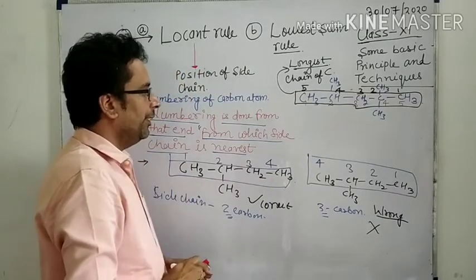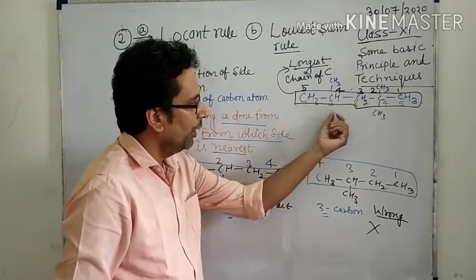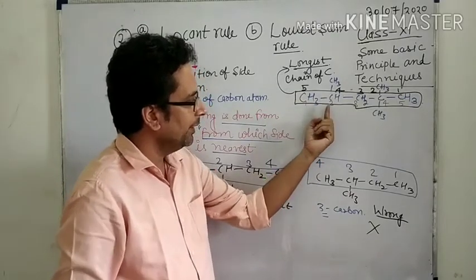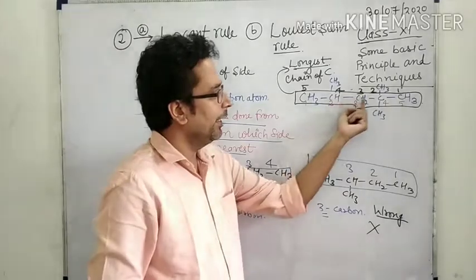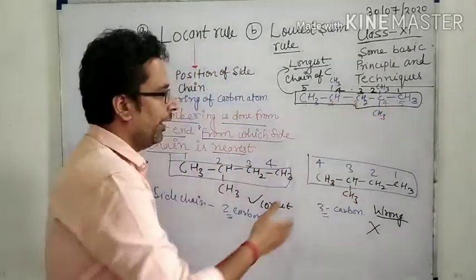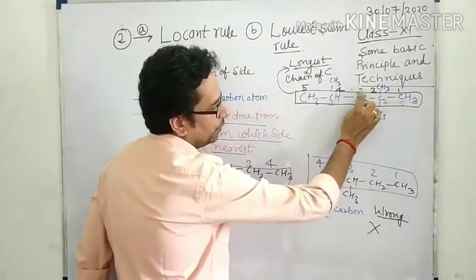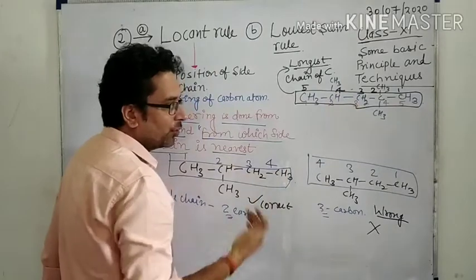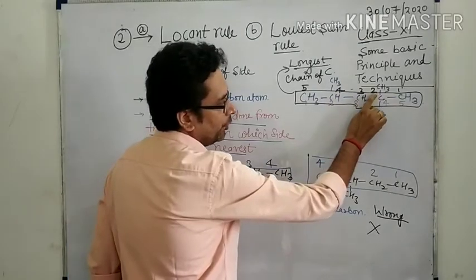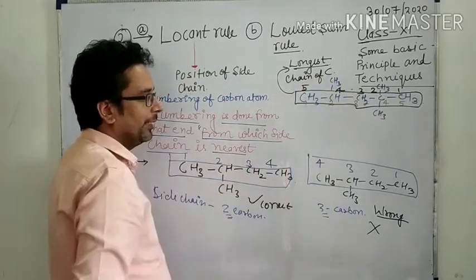When we give the number from the left side, one substituent is present on the second carbon and the other substituent on the fourth carbon. Clear? Now when we give the number from the right side, 1, 2, 3, 4, 5, then also we find that at the second position there is 1 side chain and at the fourth position 2 side chains.